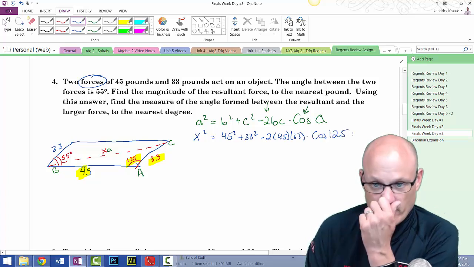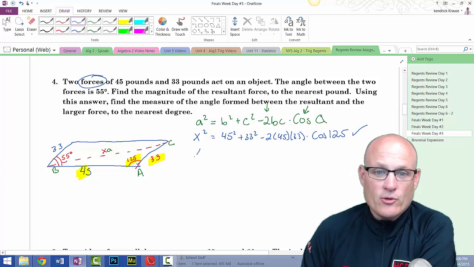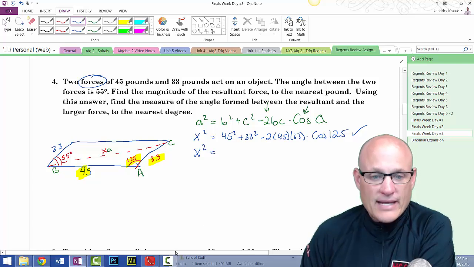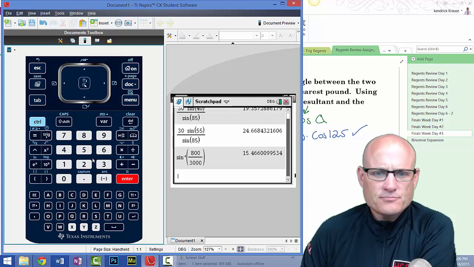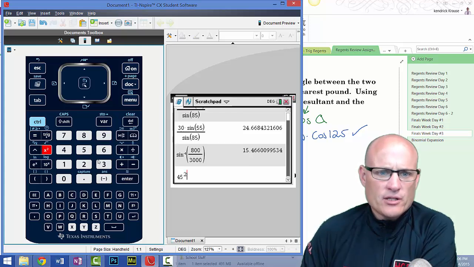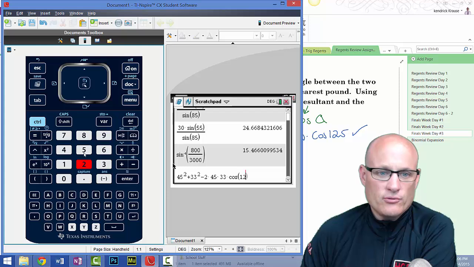Now the good news is these are all numbers, so I can just type those into my calculator. 45 squared plus 33 squared minus 2 times 45 times 33 times the cosine of 125.